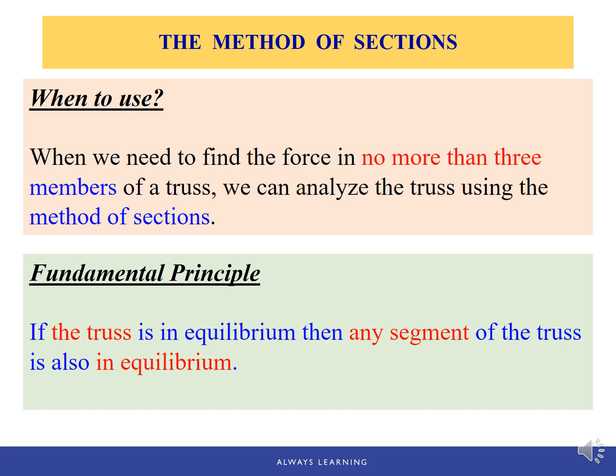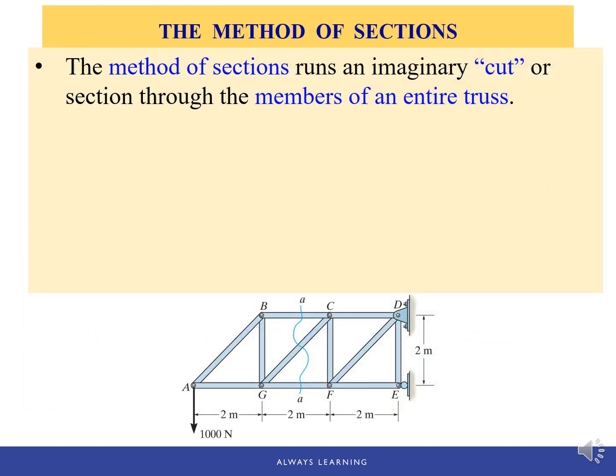The fundamental principle of the method of sections is that if the truss is in equilibrium, then any segment of the truss is also in equilibrium. Let's see how to use the method of sections. We're given this simple truss structure, but instead of looking for the forces in all of the members, we're only looking for forces in member BC, member CG, and member GF.